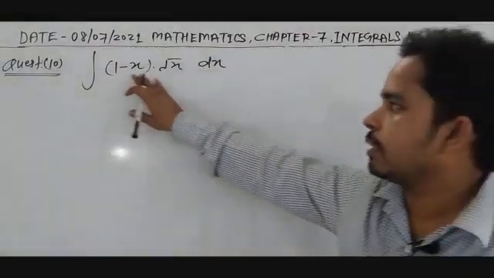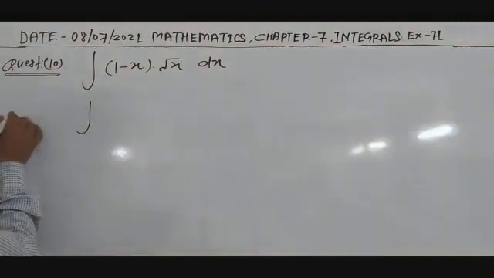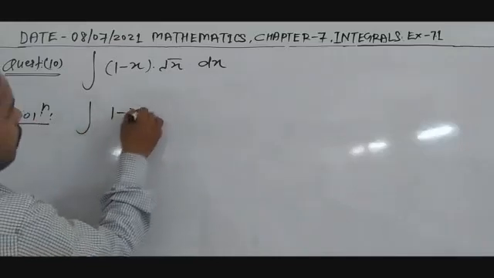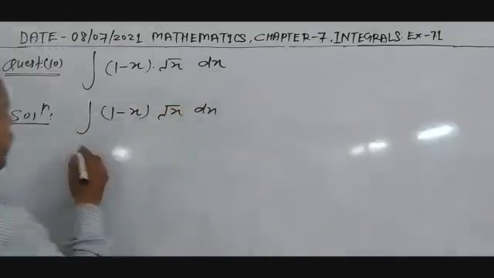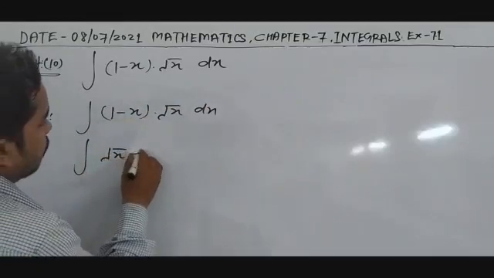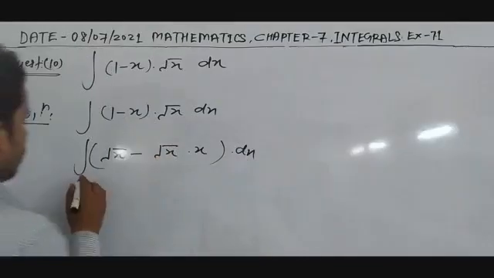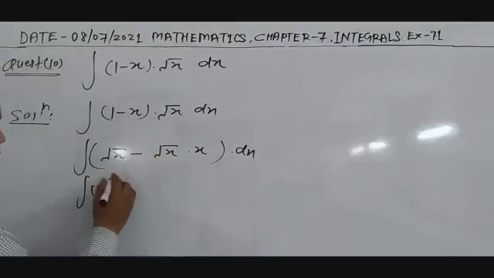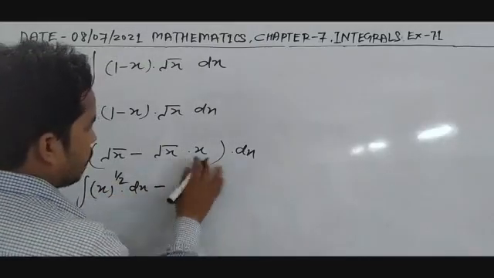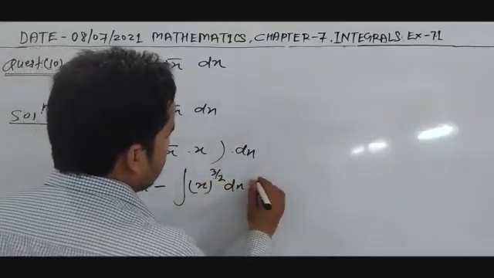So first of all you will multiply here in the brackets, so you will get the result. Integration 1 minus x root x dx. So root x will multiply here in bracket. So result will be root x minus root x into x dx, and now root x can be written as x to the power 1 by 2 dx, and this expression can be written as x to the power 1 by 2 plus 1, result is 3 by 2 dx.